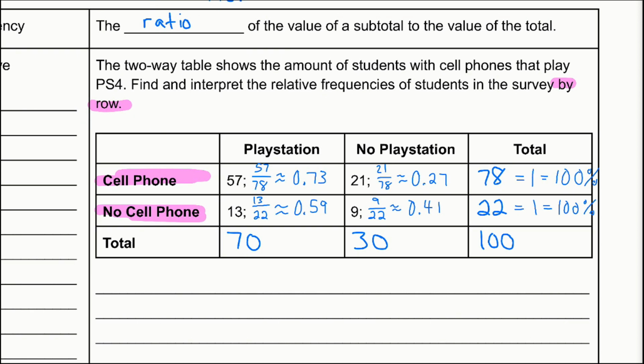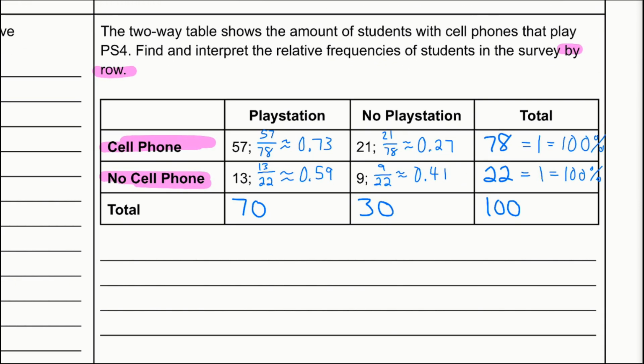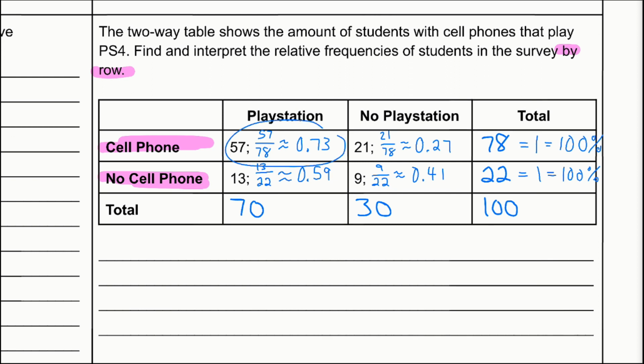There's several things that we can pull from this. I would say, so just looking at this data, I'm going to kind of interpret this part here. So I'm going to say of the cell phone users, because that's what they are. That was the row stuff.